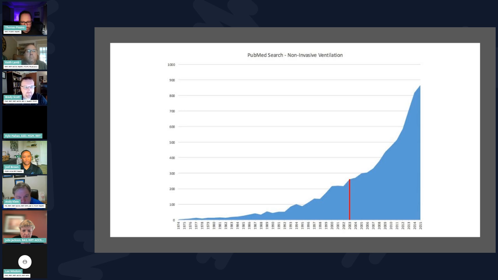I had this slide in a talk to add to the importance of why respiratory therapists should read research. This was a talk I gave in 2015, which is why the date ends there. The red line is the year I graduated, and this is the number of publications on non-invasive ventilation from the time that I graduated to 2015.